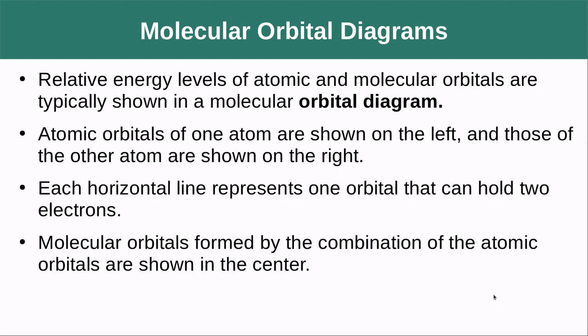Relative energy levels of atomic and molecular orbitals are typically shown in what we call a molecular orbital diagram. Atomic orbitals of one atom are shown on the left, and those of the other atom are shown on the right. Each horizontal line represents one orbital that can hold 2 electrons. Molecular orbitals formed by the combination of atomic orbitals are shown in the center.